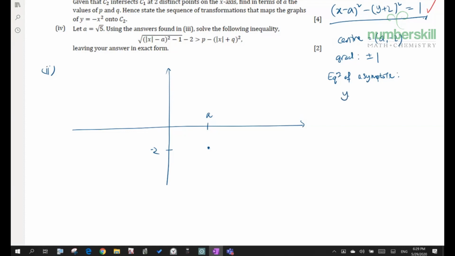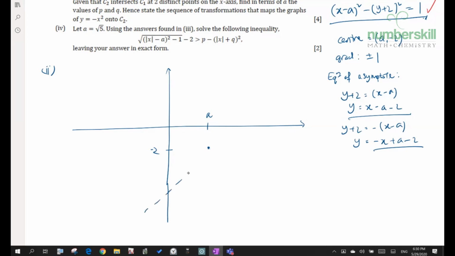So we're gonna have y plus 2 is equal to x minus a. So y is equal to x minus a minus 2. That's one of it. The other one is y plus 2 is equal to negative x minus a. So y is equal to minus x plus a minus 2. So you see, 2 lines, 2 dotted lines I may add.